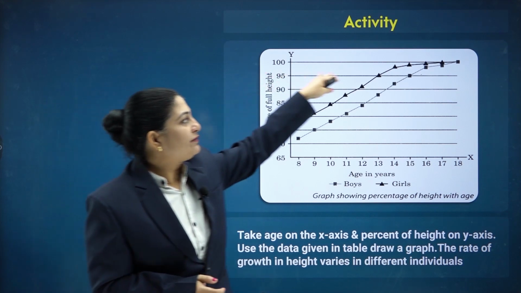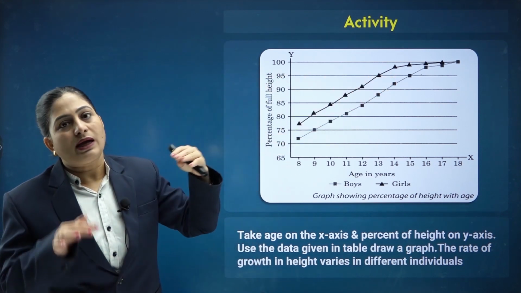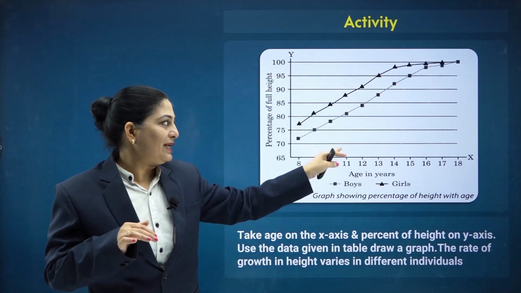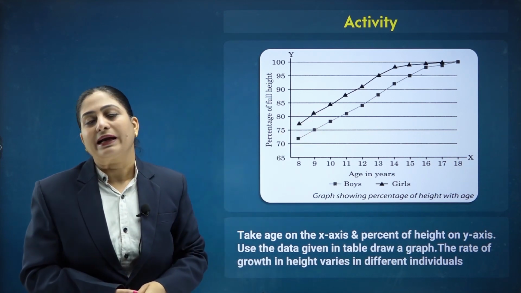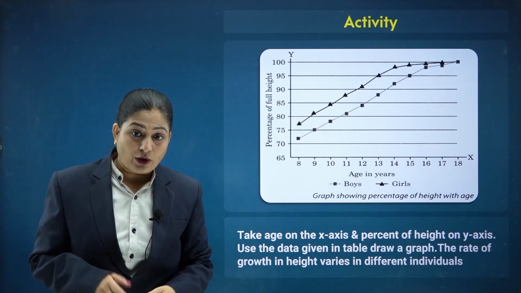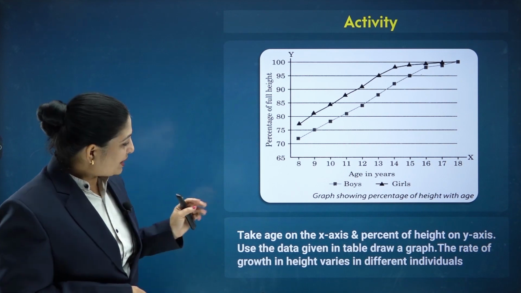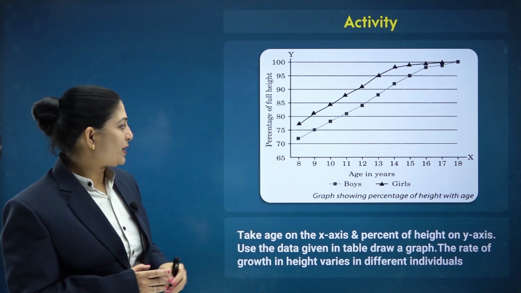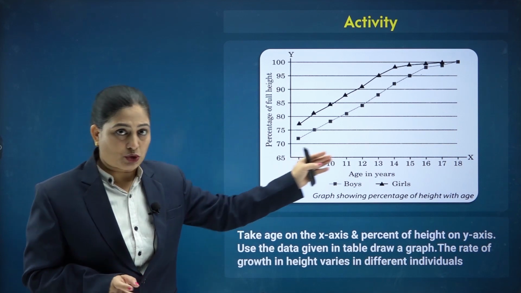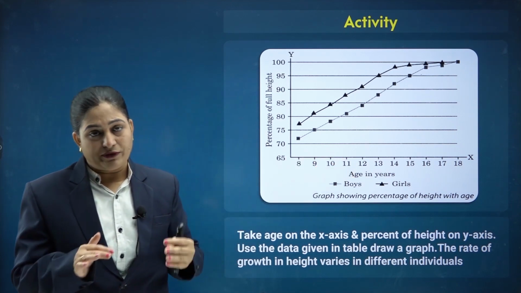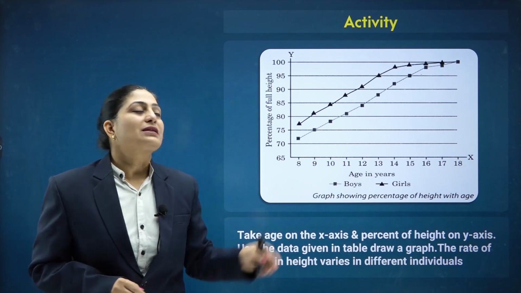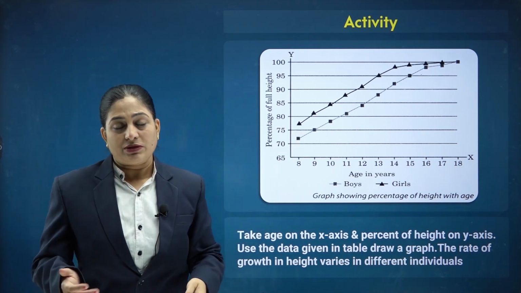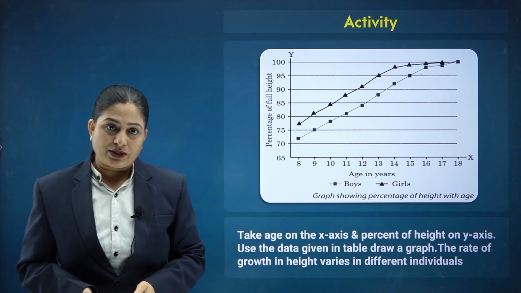Ultimately, you observe when the 100% height has been attained, and you can compare how the increase in height has been observed for girls and boys. So you can see that the rate of growth in height varies in different individuals. It always varies from person to person. This is not the same for all, for different boys and different girls this height may vary, because it sometimes depends on the height of parents also.